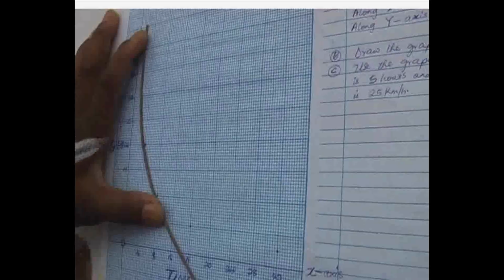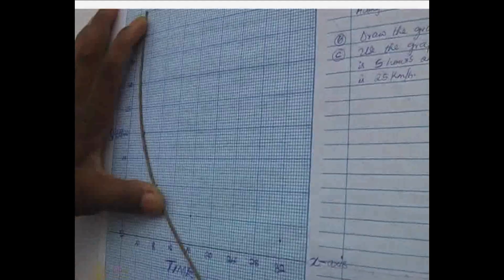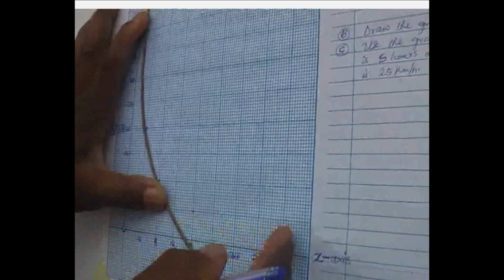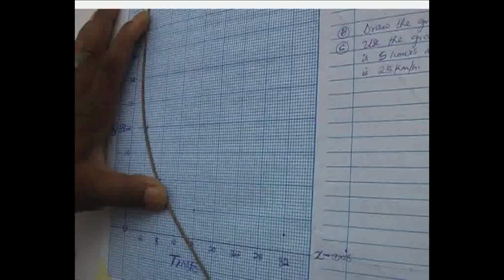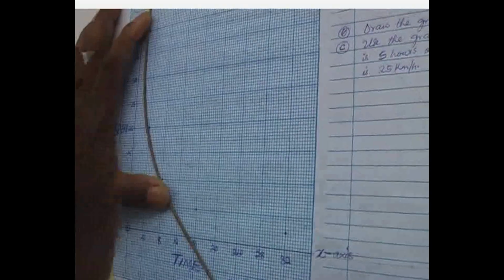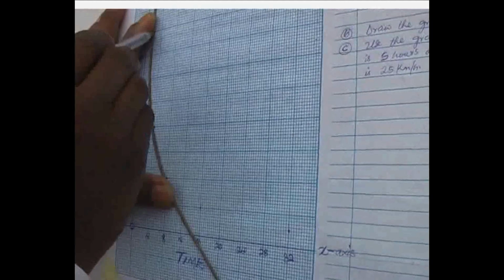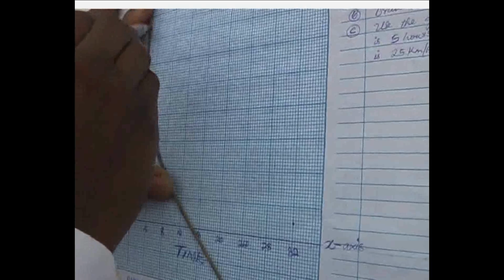What you're going to do is at a time try to join 3 points, because it will not be possible to join all 5 points at the same time. But if you can join 3 at a time, you are also going to get a perfect curve. So I'm going to join point number 1, number 2, and number 3 at once now. Just watch.